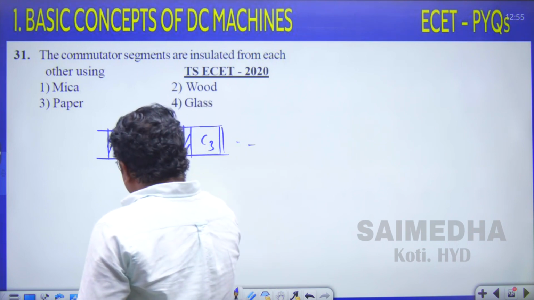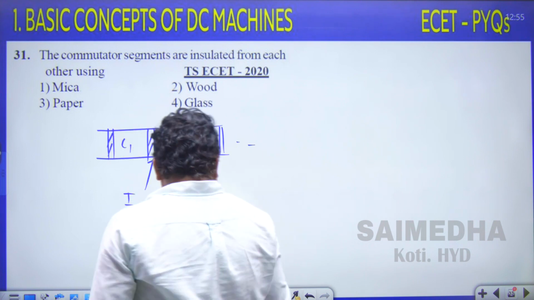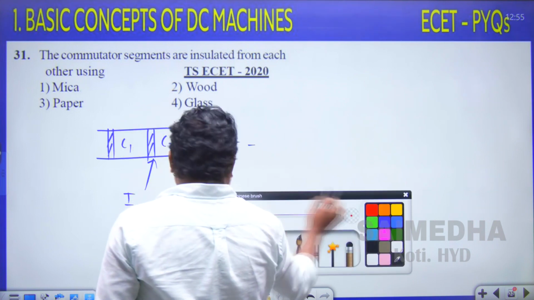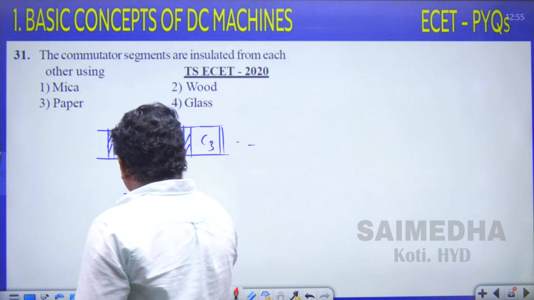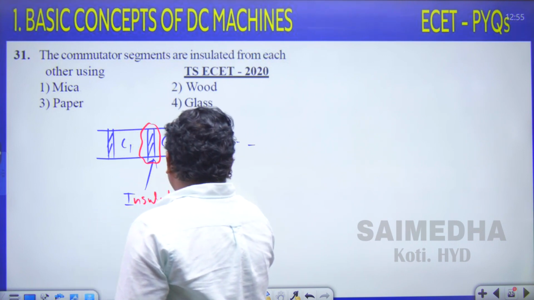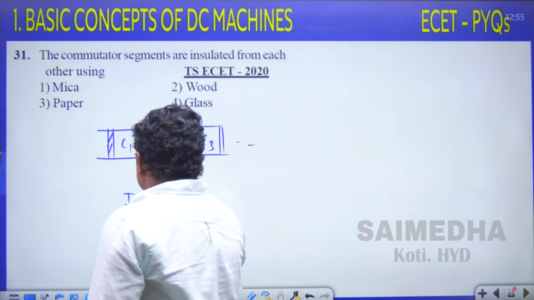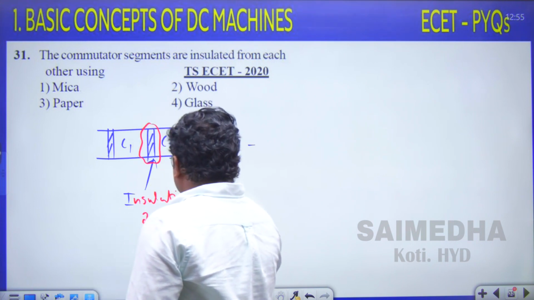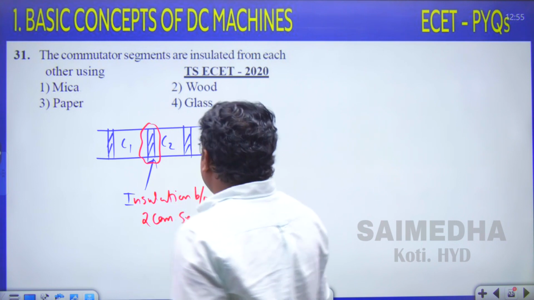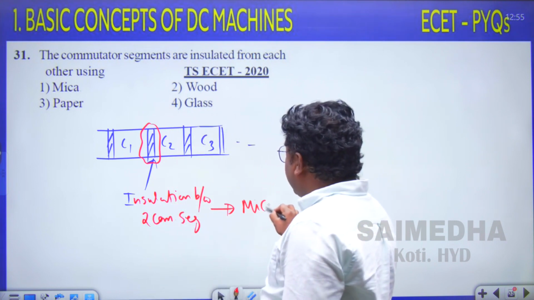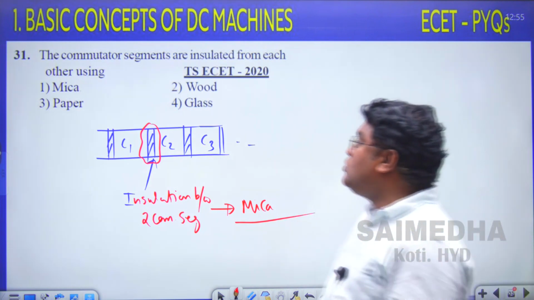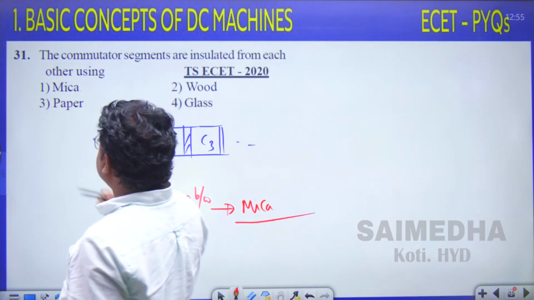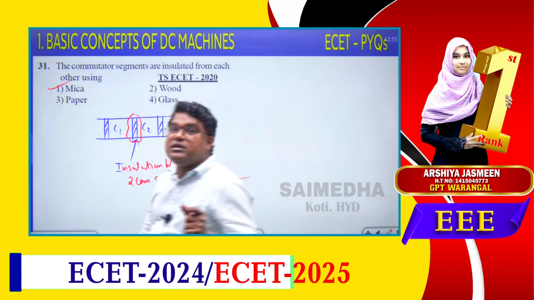This part is the insulation between two commutator segments. What is the name of this insulation? It is always mica insulation. Mica insulation is used between two commutator segments. So the answer for this question, option 1, is correct.